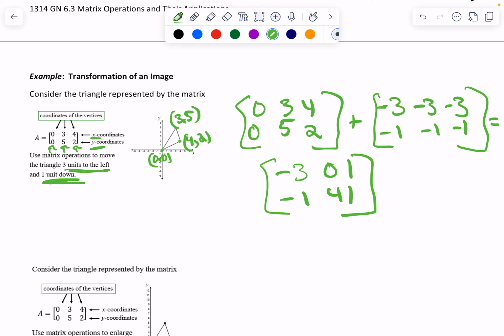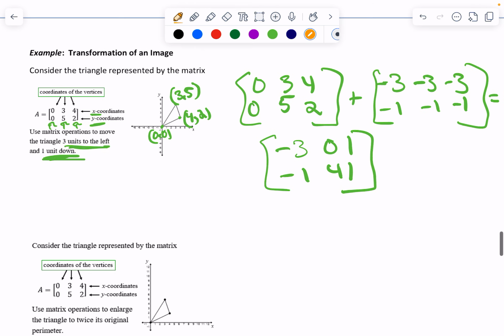So this new matrix here would be, so if we think about 0, 0, we go 3 units to the left and 1 down. It would be right here, -3, -1, which the first row is. Next one, the point 4, 2, we take it 3 to the left and 1 down.